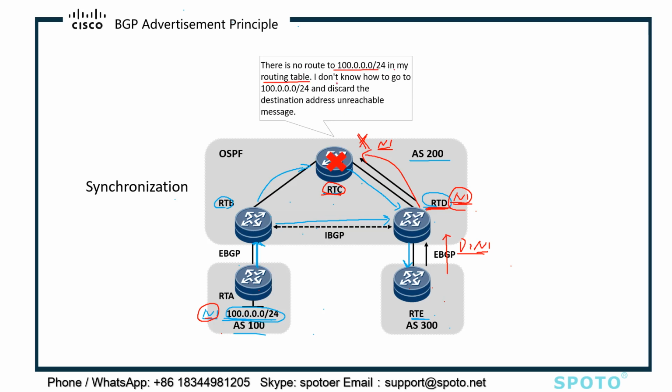So RTC doesn't know how to go to this network segment, and will discard it. Okay, so this is called the synchronization. It means when RTD receives the route from RTB, RTD will first check it.